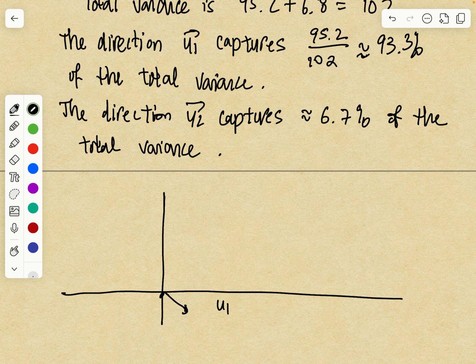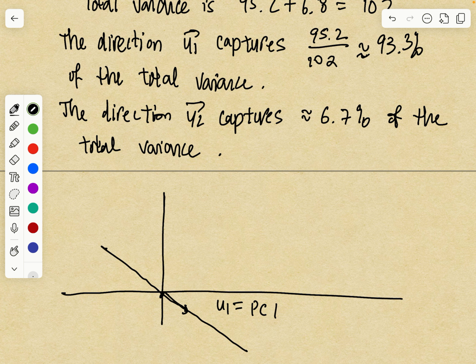This direction is going to capture most of the variance. And vaguely what that means is that if you could find one direction that captures most of the information, it would be this one direction.